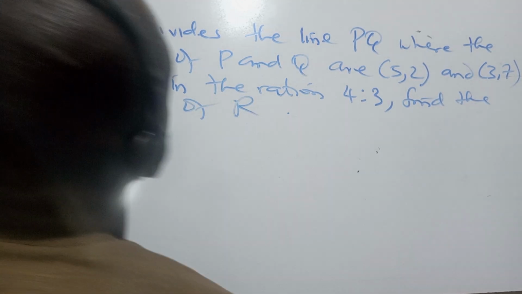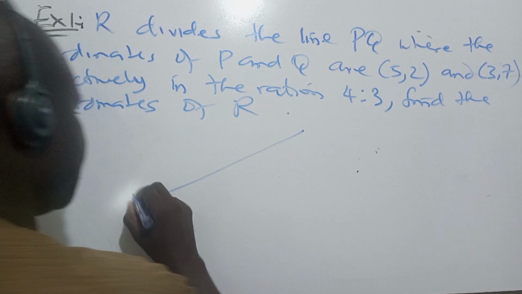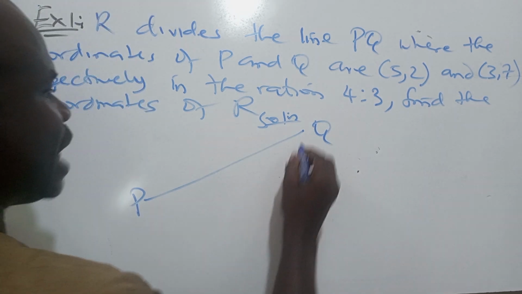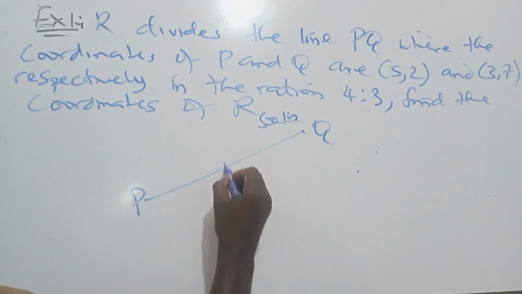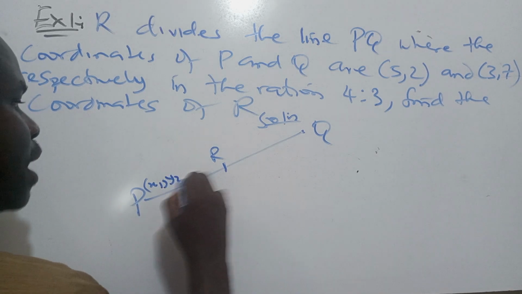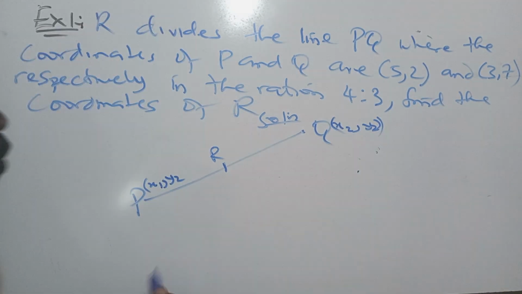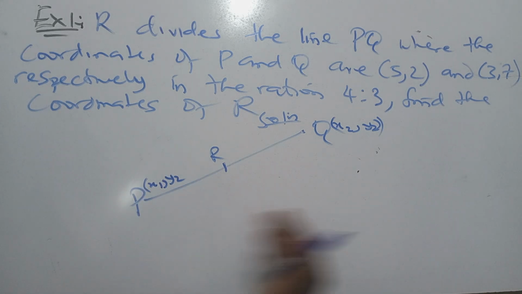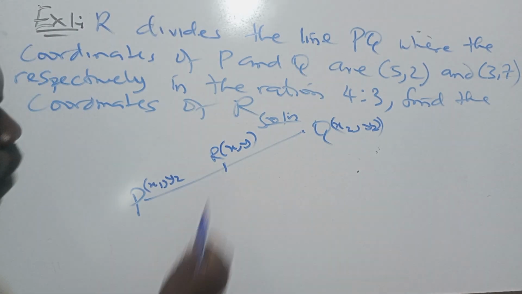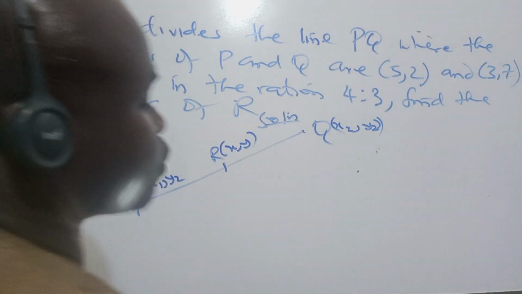Solution: this is P and this is Q. Had we been asked to find the midpoint, let's assume the midpoint is R, with x1, y1, x2, y2. R will be x comma y, so x will be x1 plus x2 divided by 2, and y will be y1 plus y2 divided by 2.